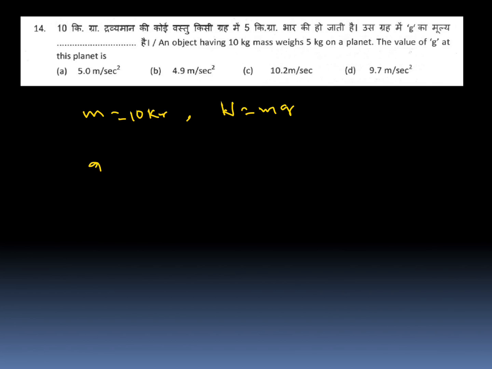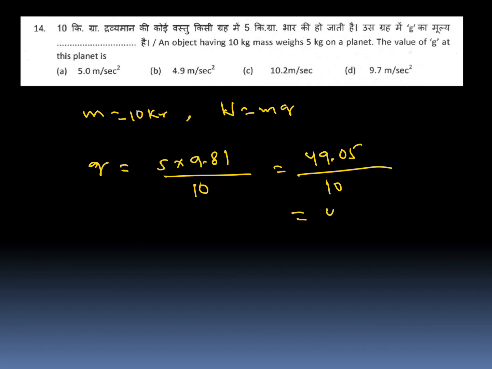G equal to, here 5 kg, so 5 into 9.81 divided by your mass, 10. If you solve this, 9.81 into 5, you will get 49.05, so 4.9 meter per second square. B is your answer.